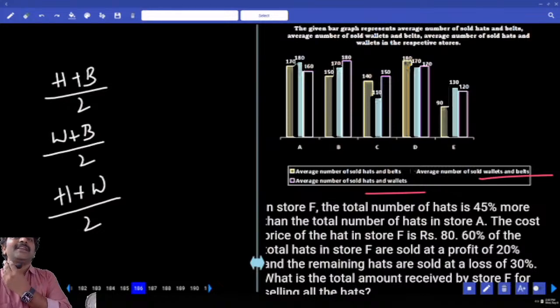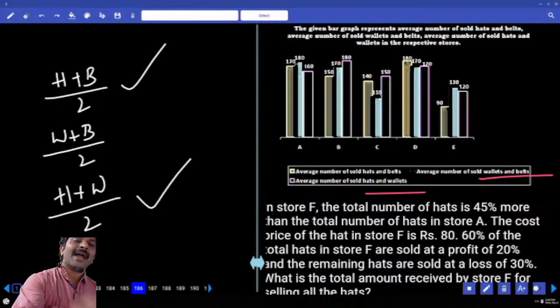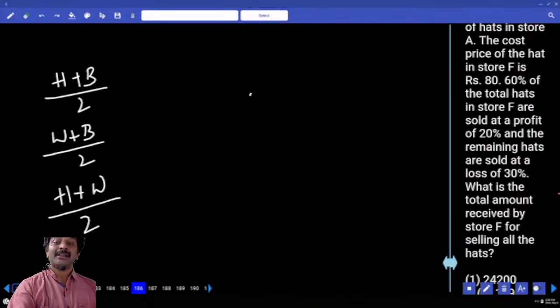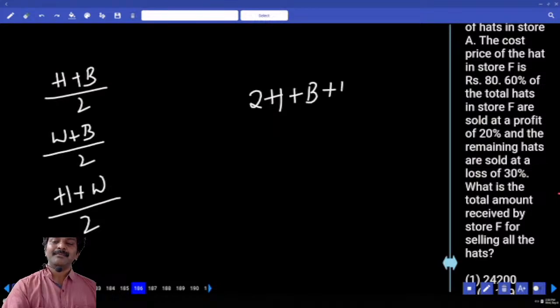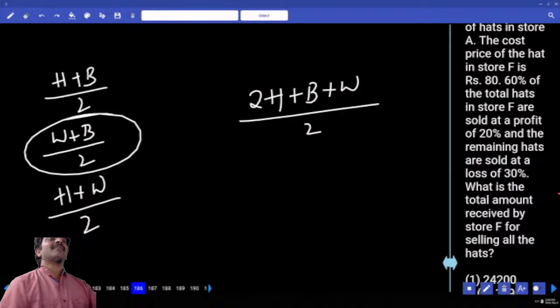If I want to calculate number of hats sold, hat is there in the first one and also the last one. If you add both, in the numerator you are going to have 2h plus belt plus wallet, divided by 2, correct? From that the extra one, if it is subtracted, this gets cancelled.